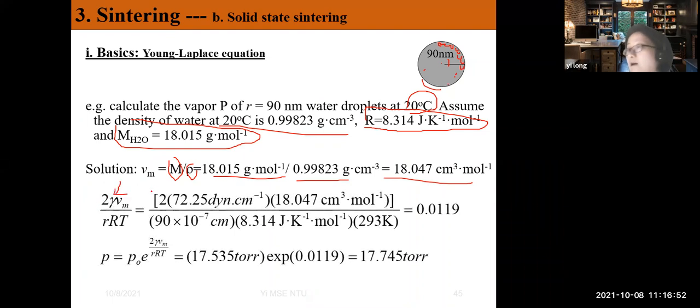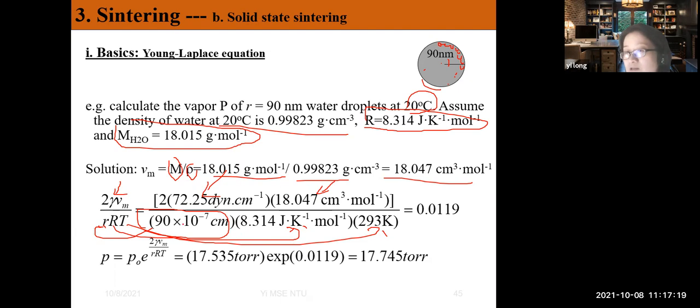This is the molar volume we just calculated. The R, which is the radius, is 45 nanometer. The gas constant is constant, like the Boltzmann constant, all these are constant. And for temperature, remember to use Kelvin, because it is 20 degrees.